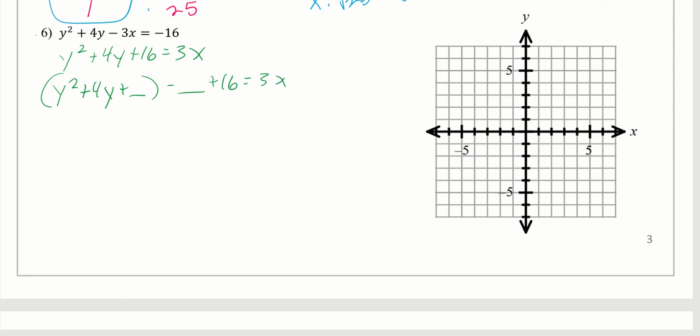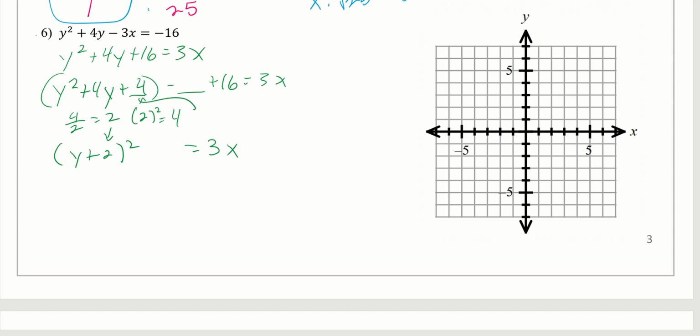Now we'll get rid of that 3 temporarily, in just a second. Working on my words here. So we'll have something like that equals, right now we'll have the 3x. Cool. And so what goes there is b divided by 2, which is 2. Now whatever that value is squared goes in the blank.